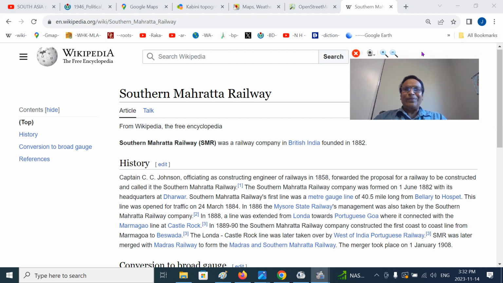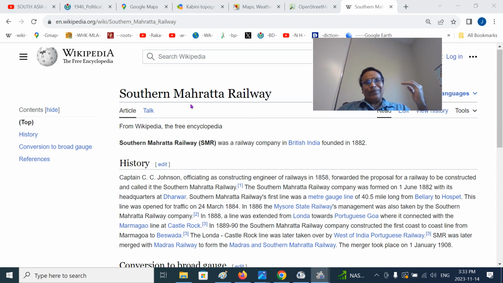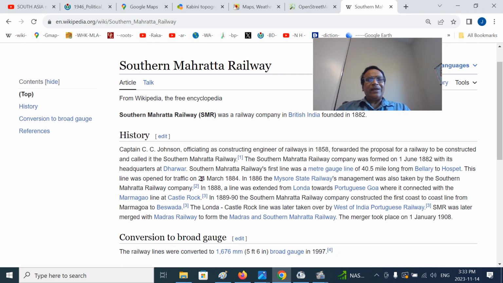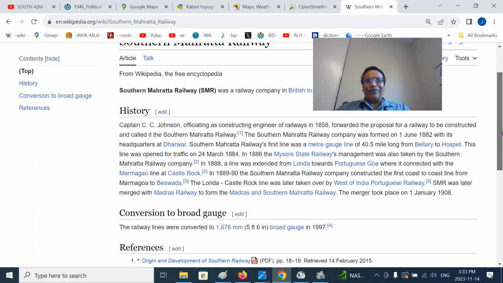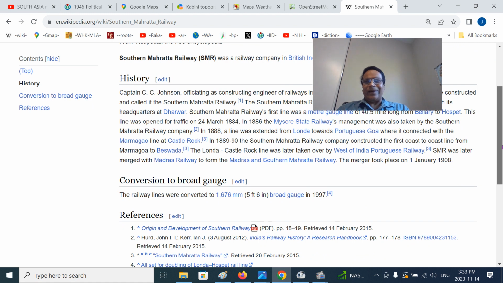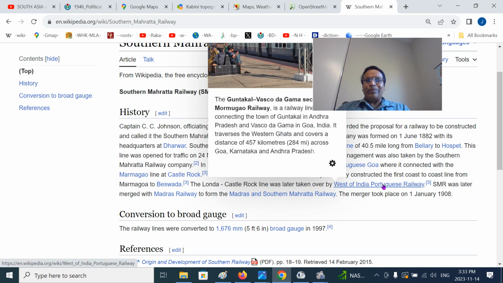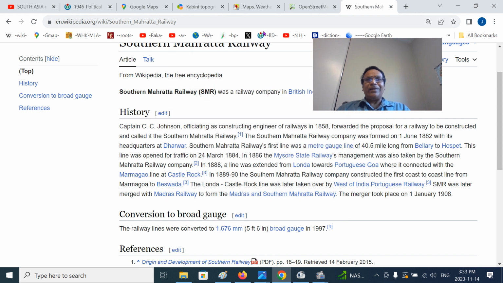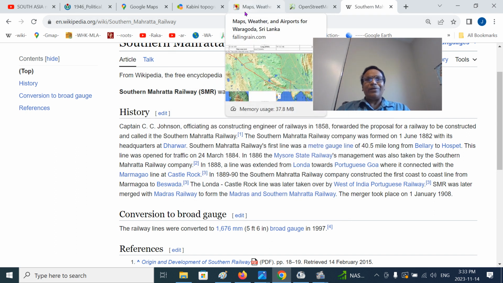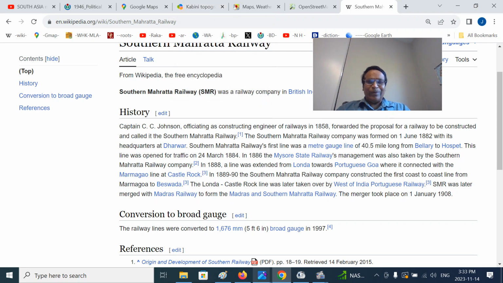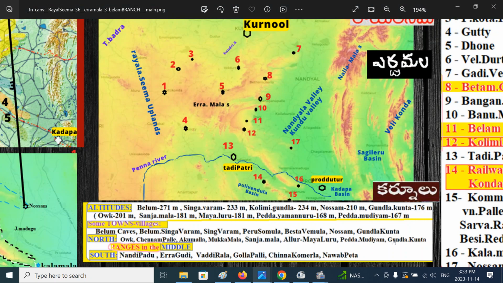When you remember Erramala range, always remember South Maratha Railway Company that was during the British time, 1858, established in the Bombay Presidency, a town called Dharwar. That is called actually the Carnatic region of Bombay Presidency, that Dharwar and Bijapura and Belagavi and Northern Karwar. That's the way that built the railway line from the Guntur to Goa. It connected the Portuguese railway line. That means connecting the Portuguese imperial territory to British imperial territory. That's what you should remember whenever you hear about the Erramala ranges.